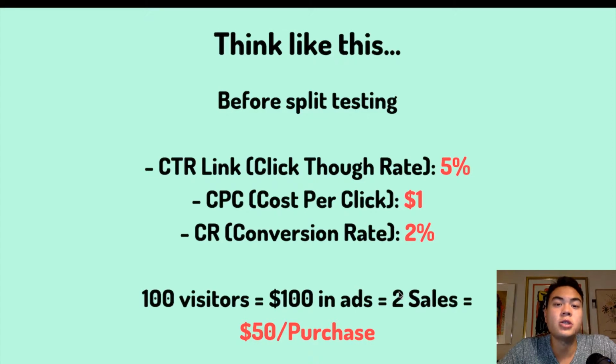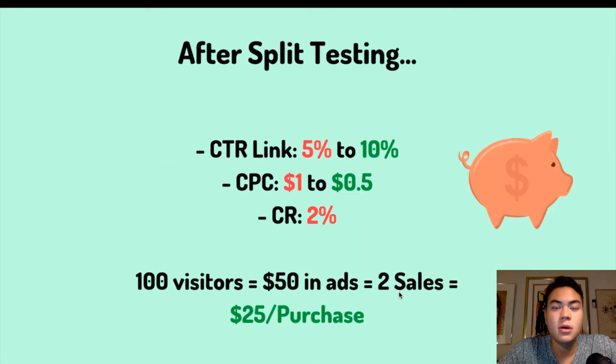Let's move on to a scenario after we have done our split testing and optimized our ads. So after split testing, let's say we took our CTR link from 5% and doubled it to 10%.